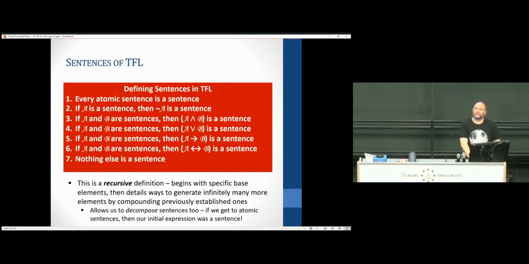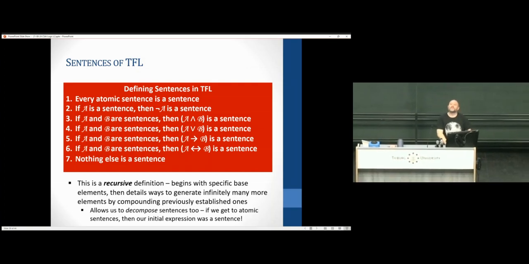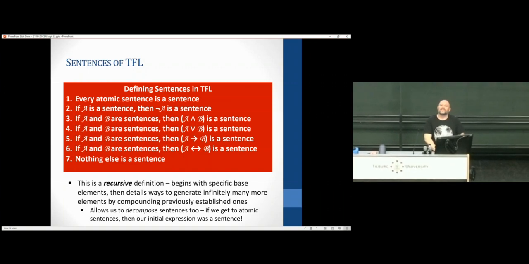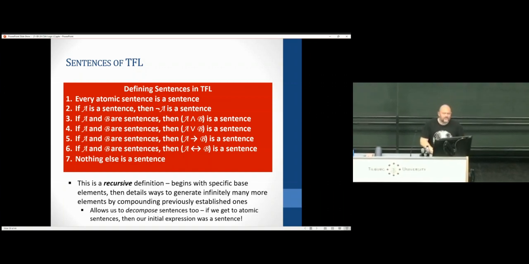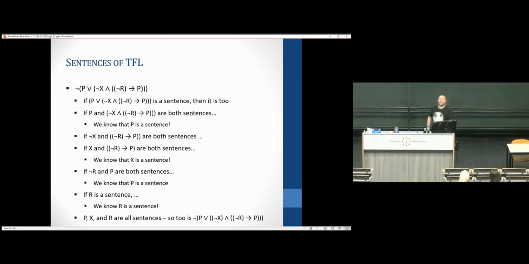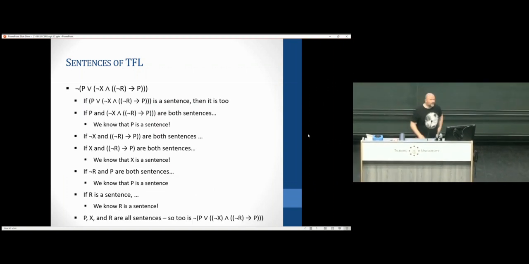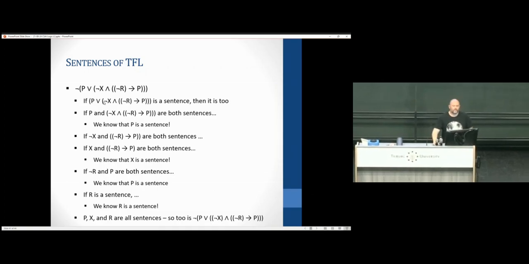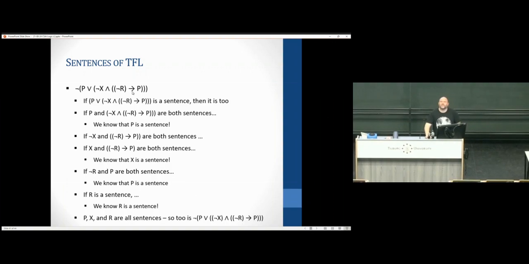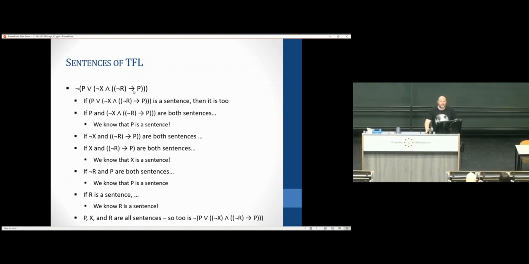Okay. Yes? Absolutely, right? So let's take this one right here and imagine that instead of this symbol, we just had a negation.